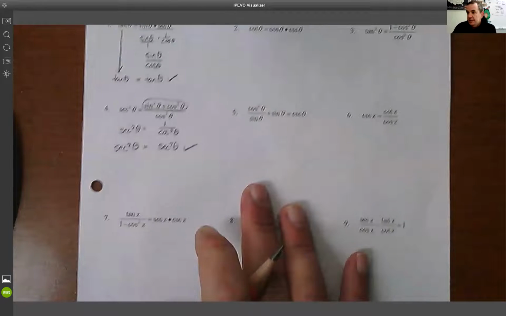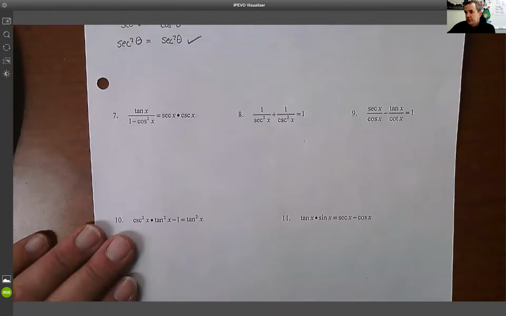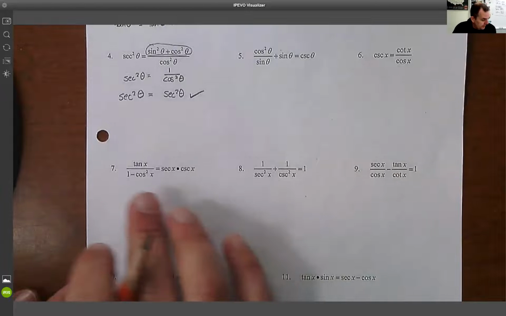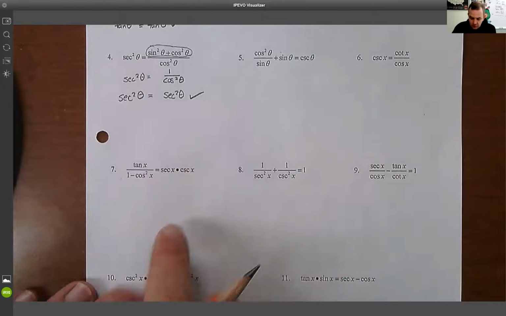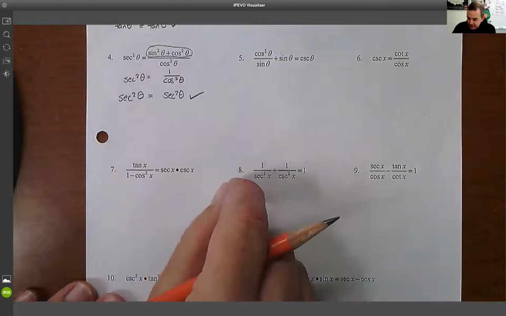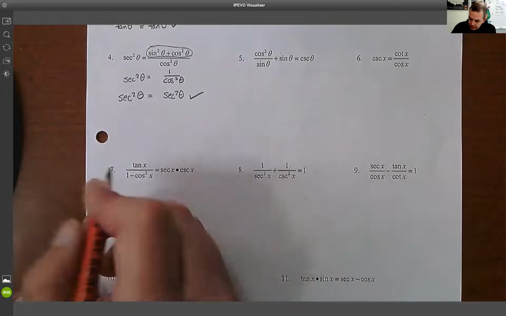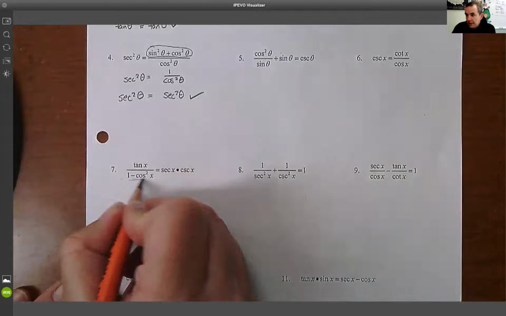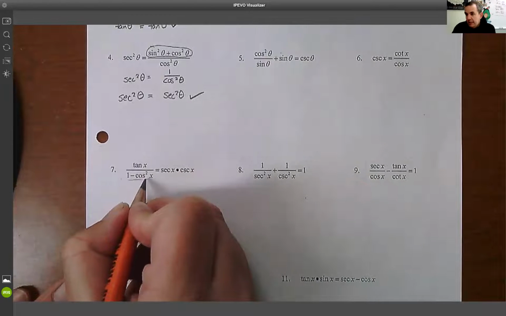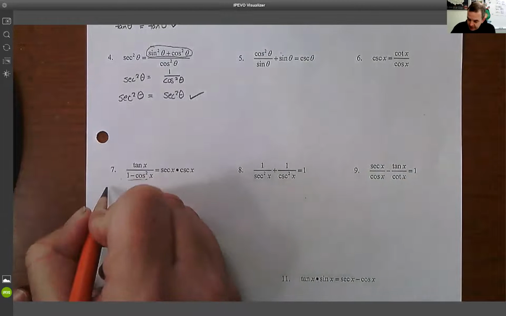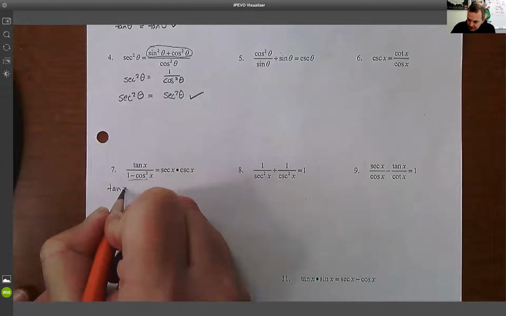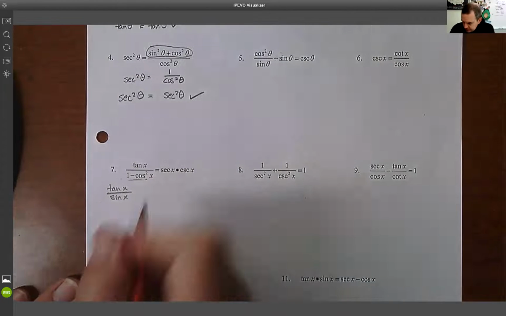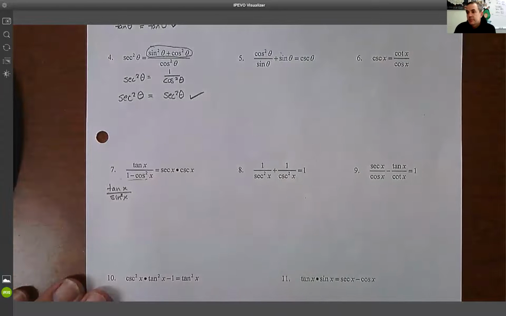Now, number 7 is going to be the first case where we have to do a little bit on both sides. The reason is they're not in simplest terms. So I need to simplify the left, and now I need to simplify the right. Let's start with the left. I'm going to look at 1 minus cosine squared. That's one of my Pythagorean identities. I can rewrite this as tangent x over sine squared x.